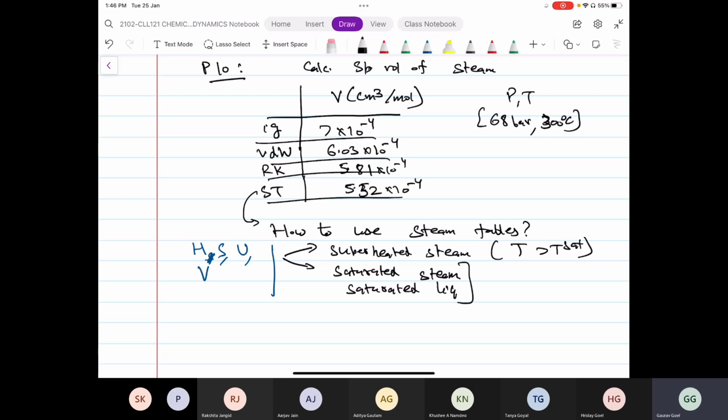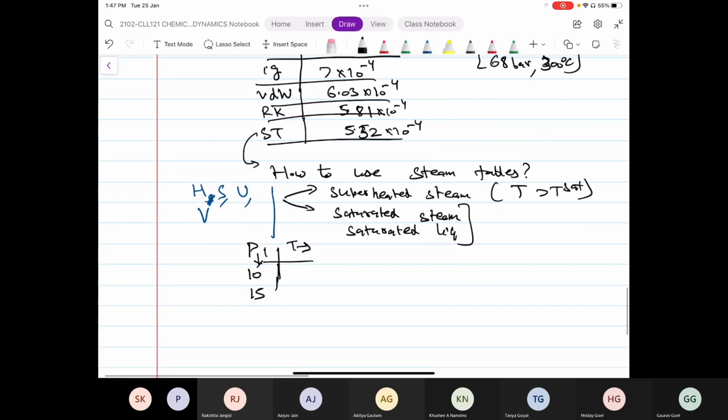Okay, so let's say I'm looking at the way this table is structured. T is going in the horizontal direction, P is going in the vertical direction. Let's say the pressure is in bars.